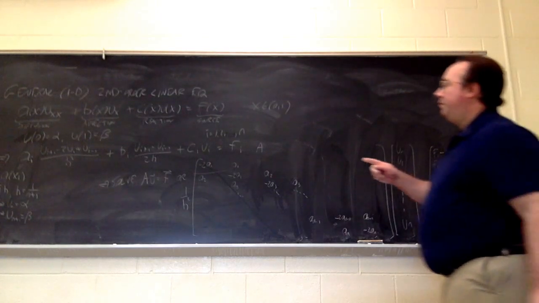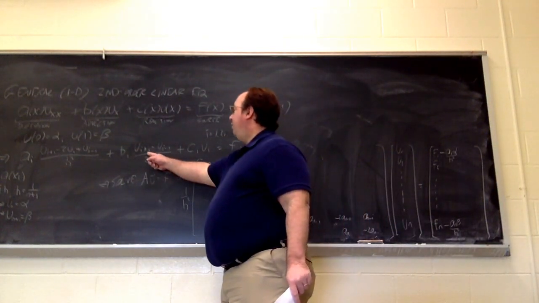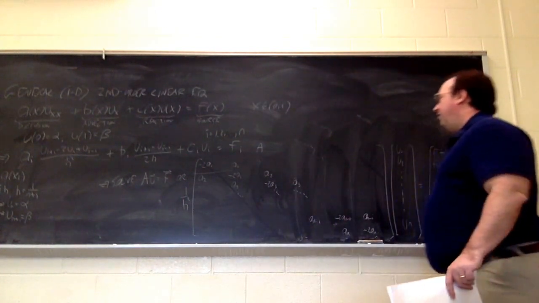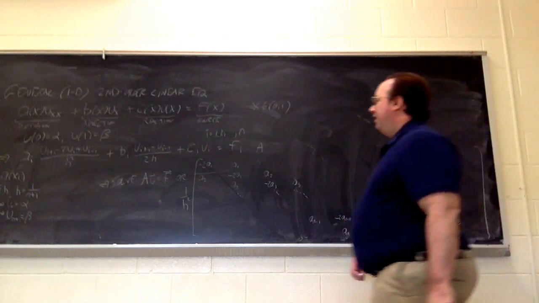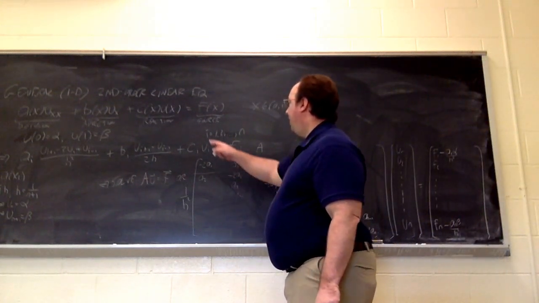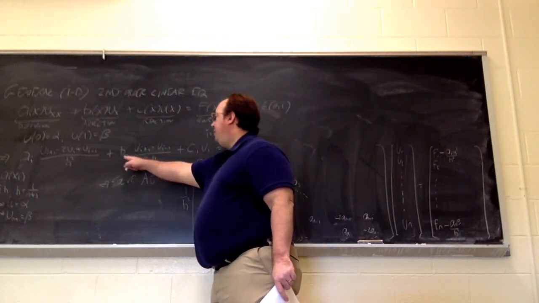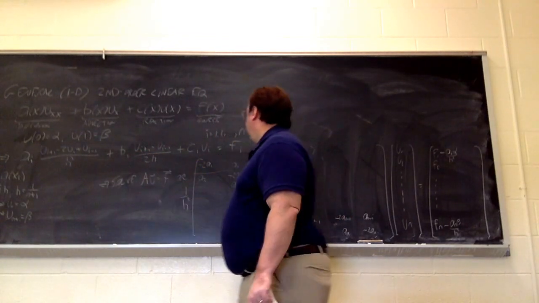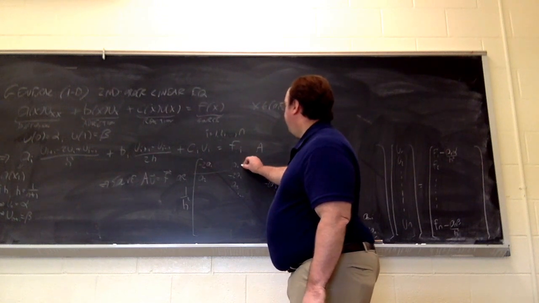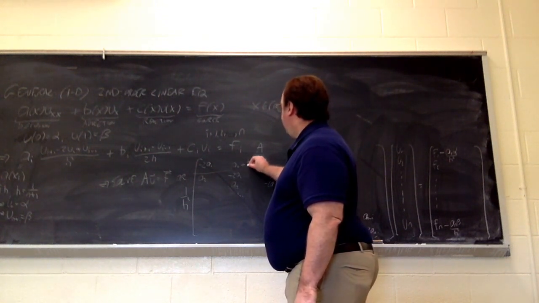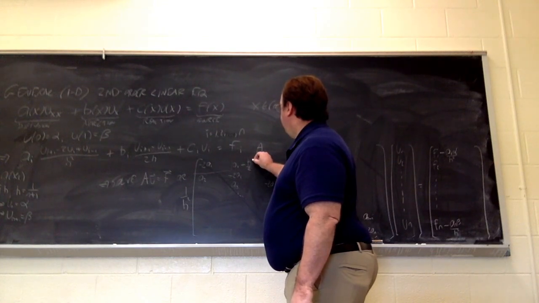Okay, it's similar for the B term, but we only have a superdiagonal and subdiagonal contribution. None of these diagonal entries are going to be touched by that. So for instance, for i equals 1, we're going to have B1 times u2 over 2h. So I'm going to have plus h over 2 B1.